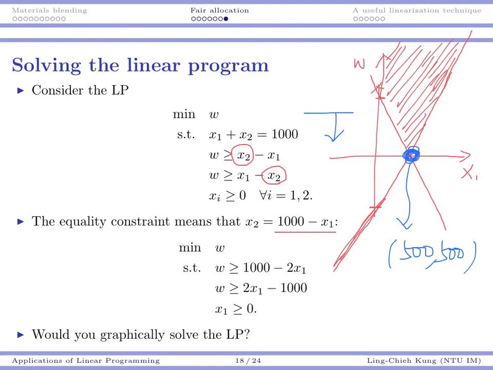The key point here is that we linearize an absolute value function into two linear constraints. In the next video, I'm going to tell you in general how we may do that for more similar situations. Thank you.